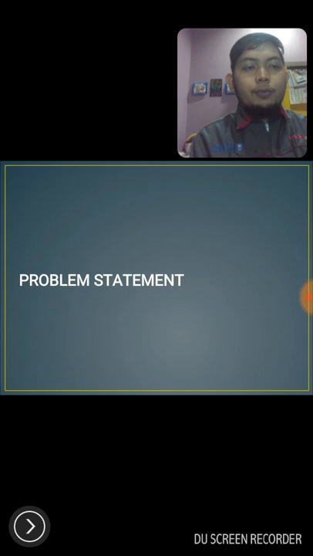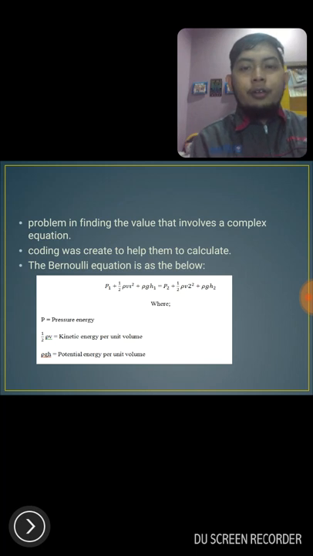For the problem statement, in the engineering field, students have learned many types of calculation based on engineering subjects.